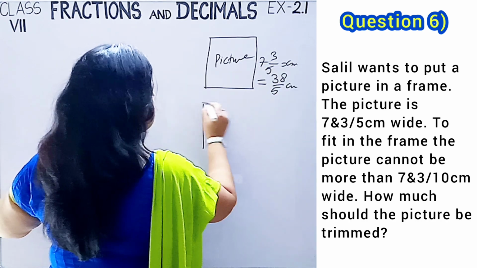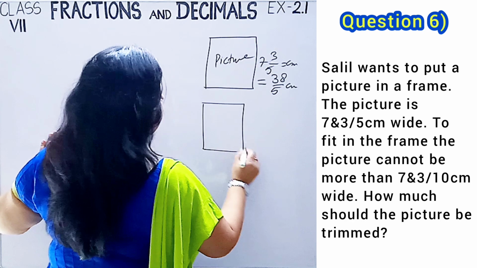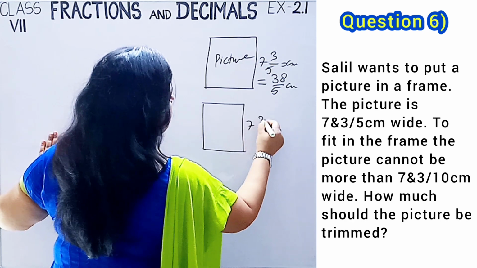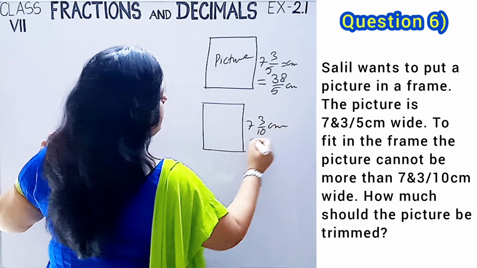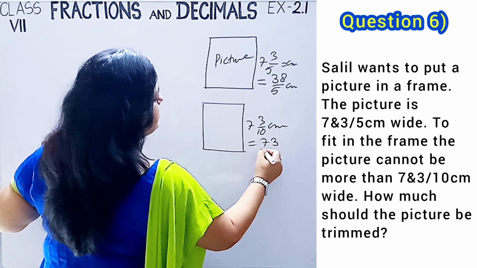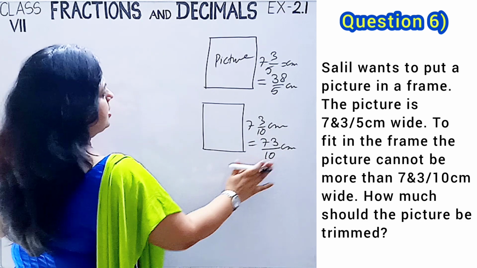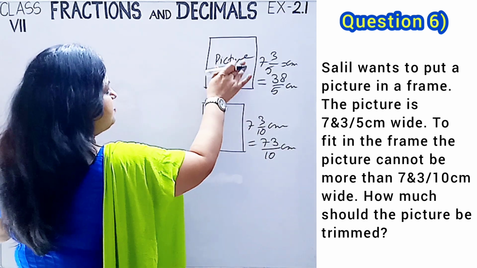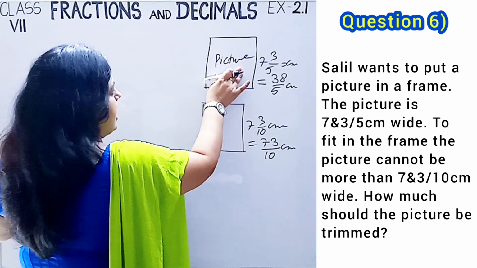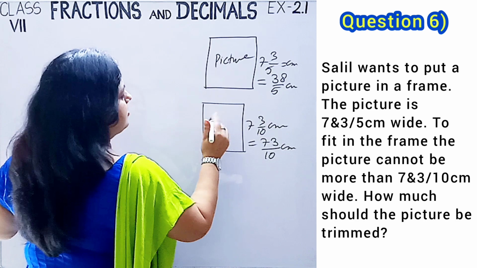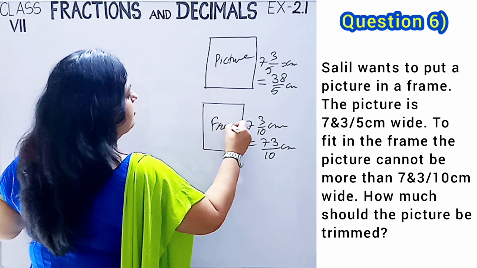Now they have given us a frame and the frame has a width of 7 and 3 by 10 cm. After changing, we get 73/10 as an improper fraction. So we have to trim this picture so that it could fit in this frame. So this is the frame.